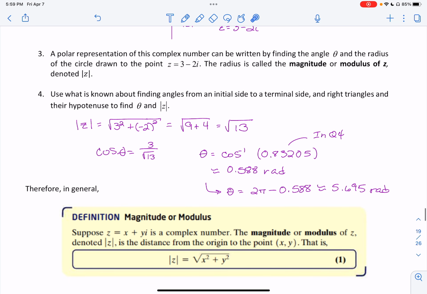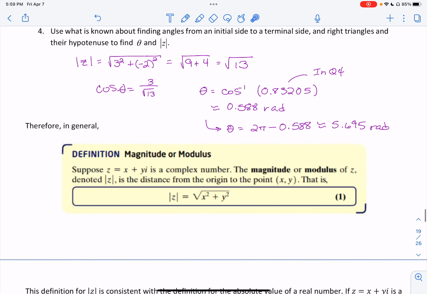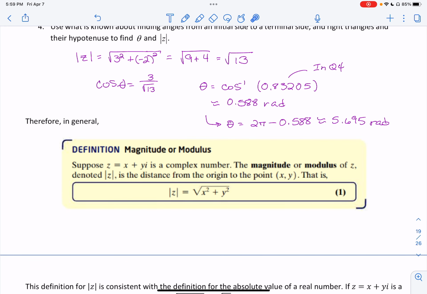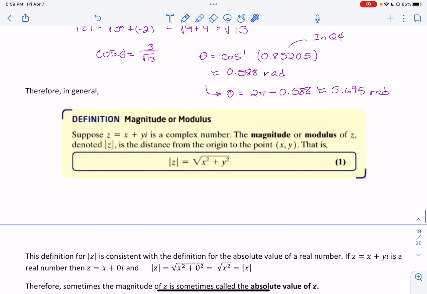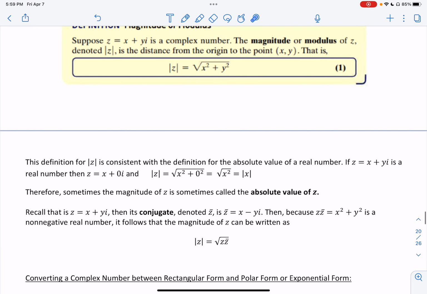Alrighty. So the magnitude or modulus of z is denoted as what looks like the absolute value of z, the bars around the z, and it's the distance from the origin to the point x, y. We also talked about how we could use the conjugate, which is the opposite one, right? If I have z equal to x plus yi, then the conjugate of z is x minus yi.